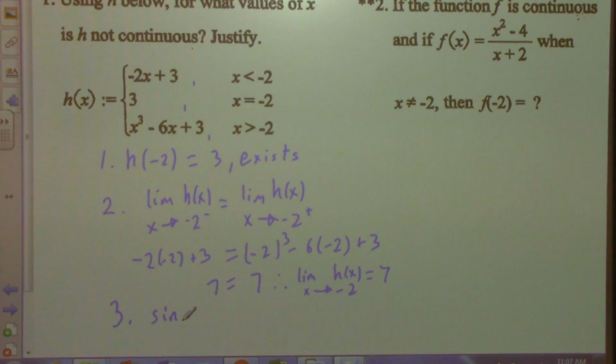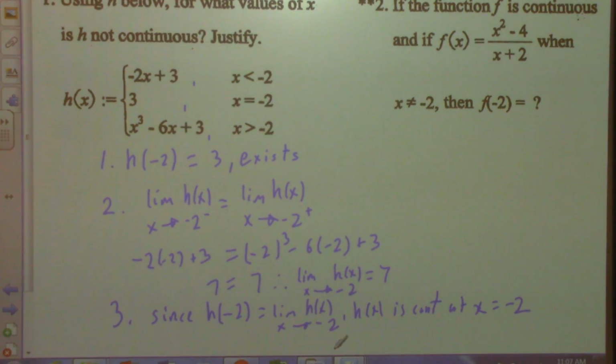Yeah, okay, we would articulate this: since h of negative 2 equals the limit as x approaches negative 2 of h of x, we have h of x is continuous at x equals negative 2.